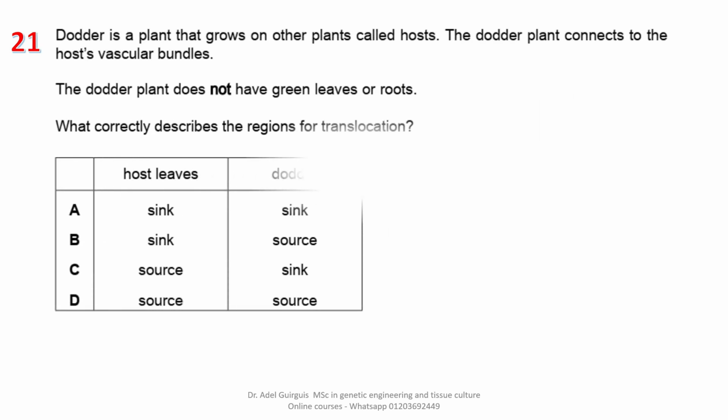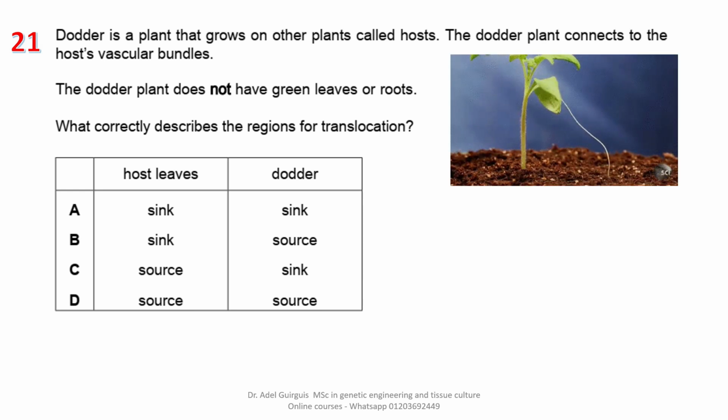21. Dodder is a plant that grows on other plants called hosts. The dodder plant connects to the host vascular bundle. The dodder plant does not have green leaves or roots. What correctly describes the regions for translocation? Look at the dodder plant.